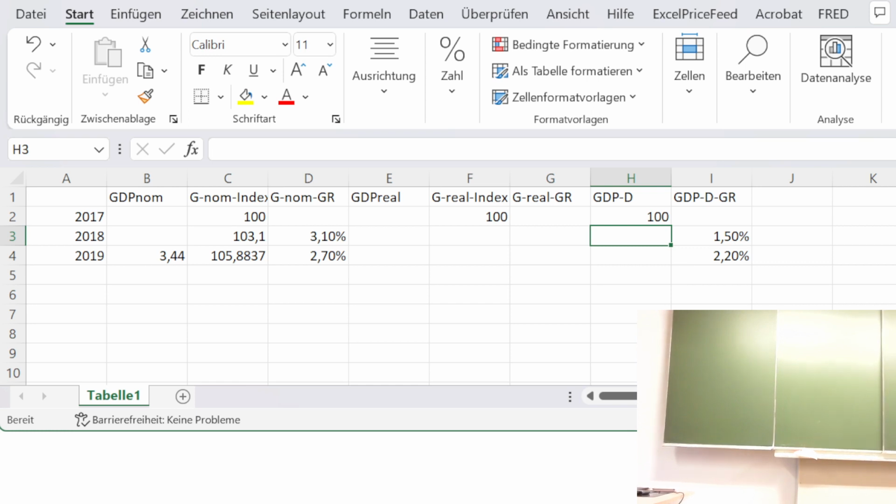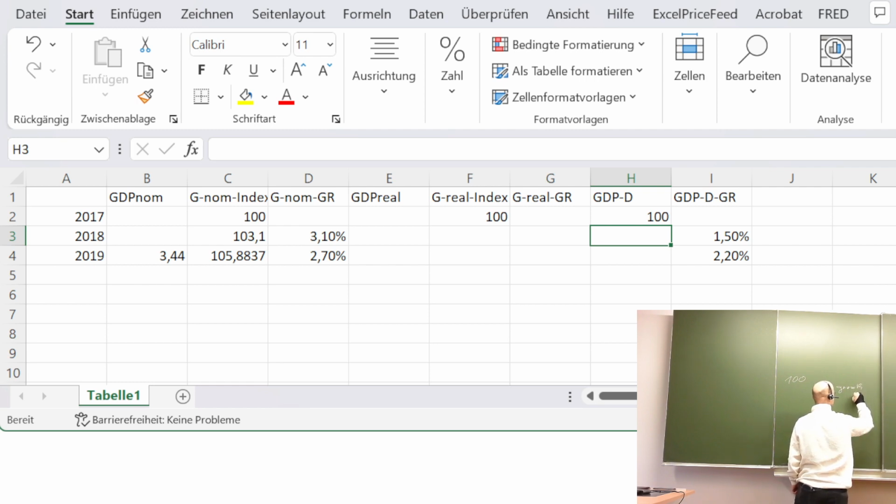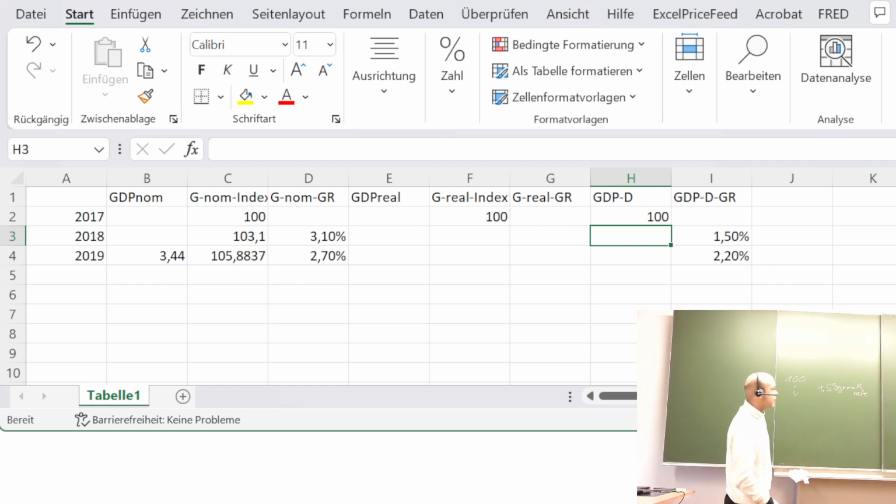Definitely it is the same calculation, but I want to know, what do I have to do now? So 100 times 1 plus 1.5% equals 101.5.